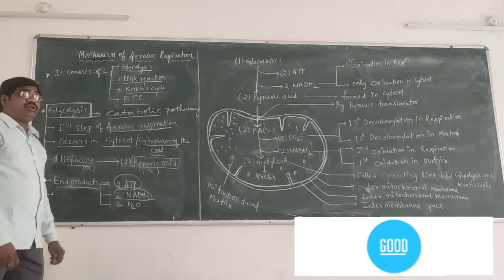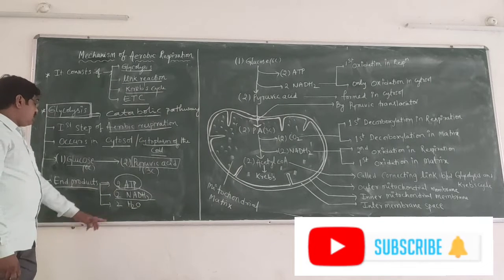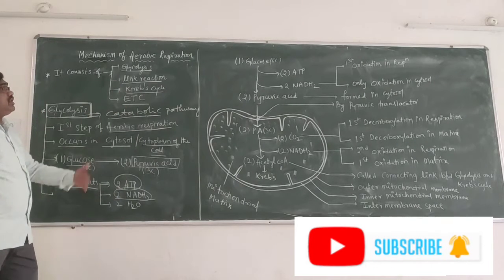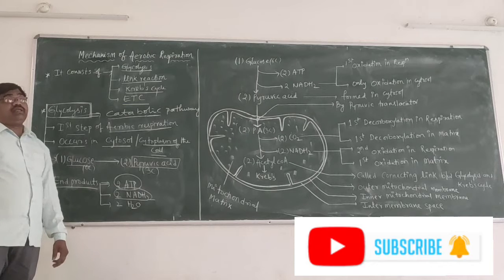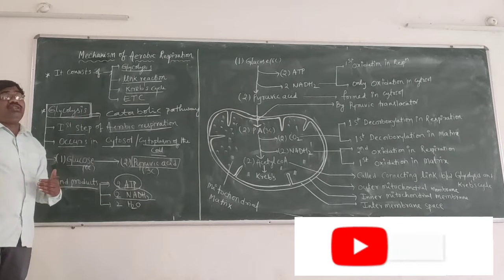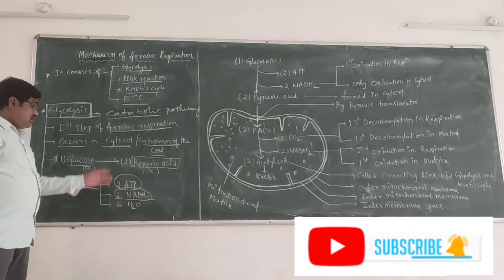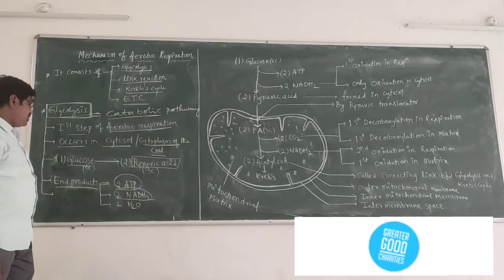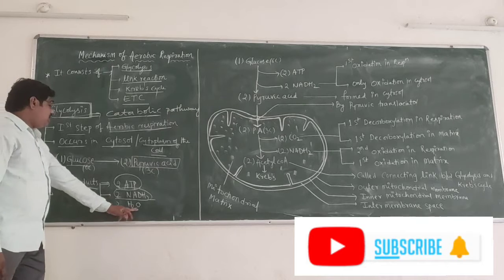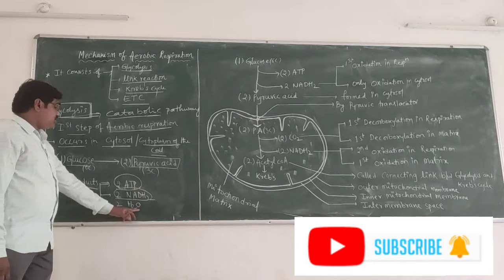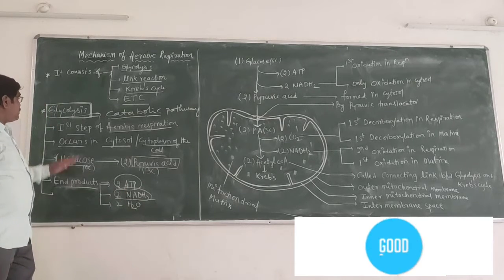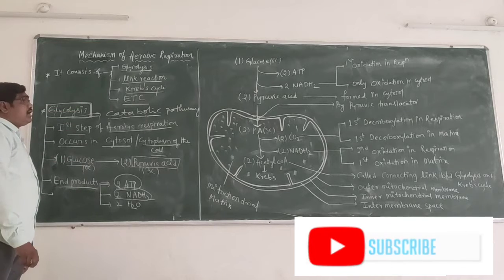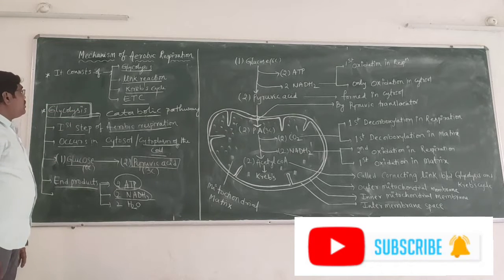NADH2 is produced during oxidation, when glyceraldehyde 3-phosphate is converted into 1,3-bisphosphoglyceric acid. In that reaction, two molecules of NADH2 are produced, and two water molecules are produced during the hydration process. This is the brief explanation of glycolysis.